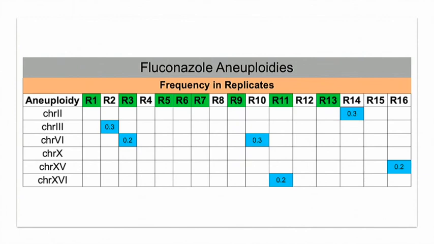And second of all, it doesn't look like there's any relationship between those aneuploidies happening in a cheater, a cheater, a cheater, but here's a non-cheater and a non-cheater, right? I suppose you could do a chi-squared test, but the n's really small. So it looks like it's just random.